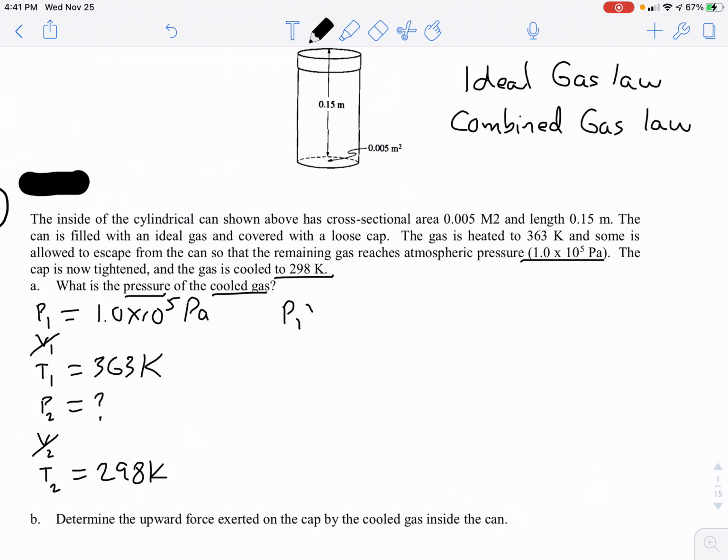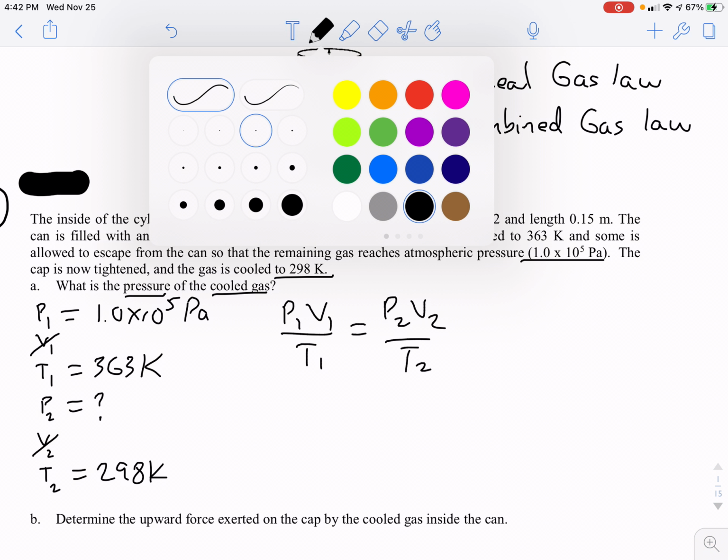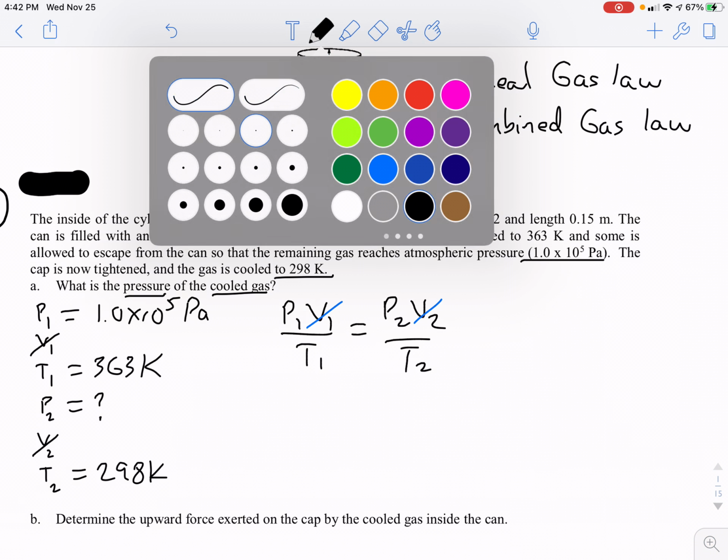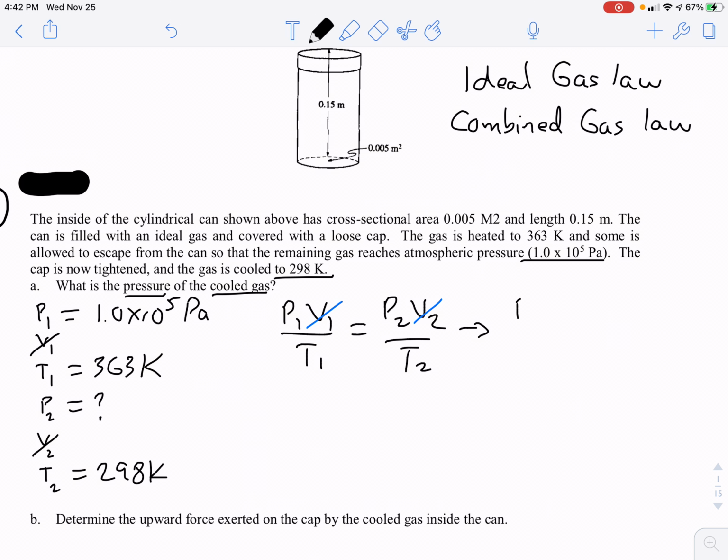equation is P1 times V1 over T1 equals P2 times V2 over T2. Since the volume stayed the same, we'll cancel volume from both parts of the equation. And we get P1 over T1 equals P2 over T2.